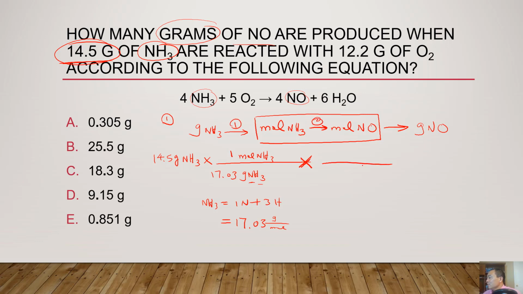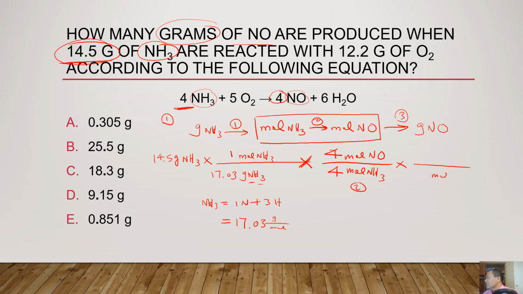Now second step, you need to convert mole of NH3 into mole of NO. Because it's a molar relationship, you have to look at the balanced chemical reaction. It's 4 moles of NH3 and 4 moles of NO. Step 3, convert back to grams.